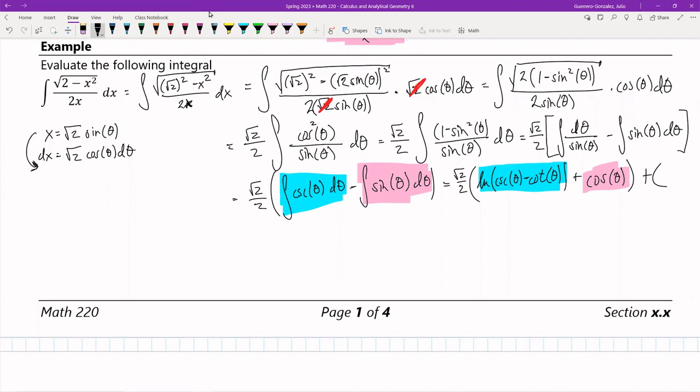We have x is equal to root 2 sine theta, so x over root 2 should be equal to sine of theta. We have our sine theta.